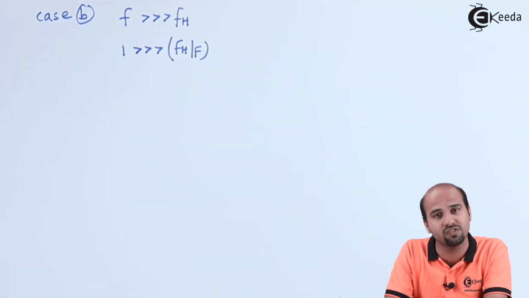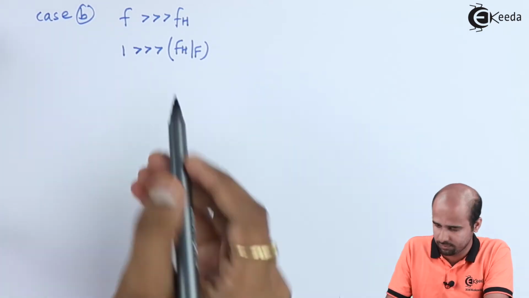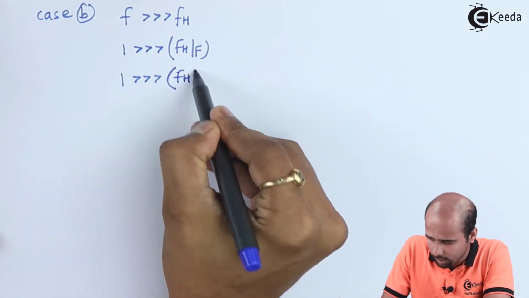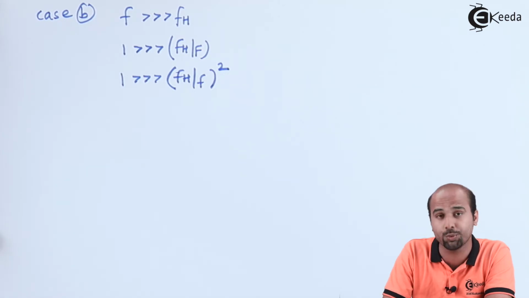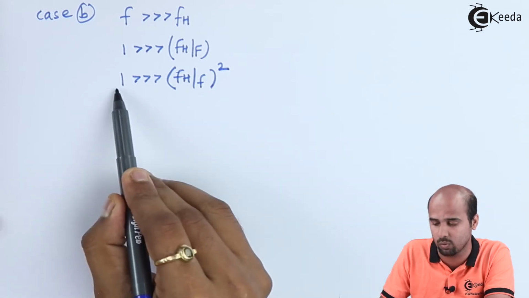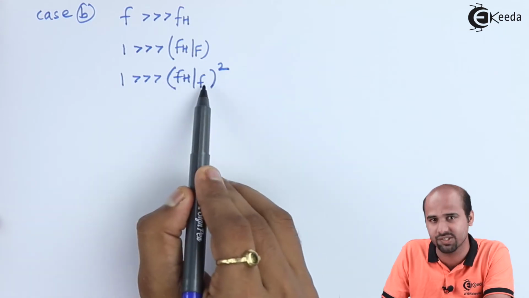Then the square of this is very less than 1. This is because 0.5 is less than 1, but its square is 0.25, which is very much less than 1. Then I will play with this square, fh upon f the whole square. Now which quantity do I have to neglect? If this is very less than 1, then I will neglect this part.